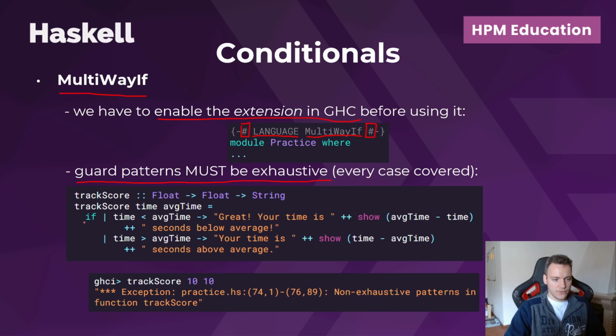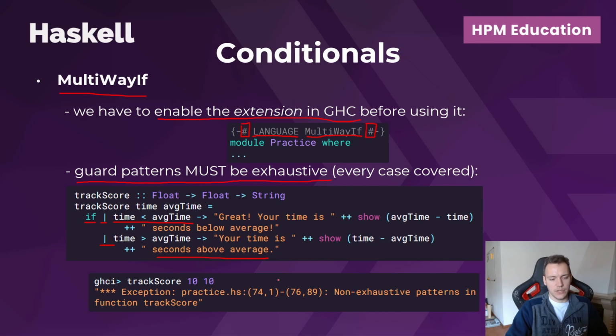So we have the if, we have the pipe operator for the first condition, which is if time is less than average time, we print the below average message. And then the other conditional is if time is above average time, we print the above average message.